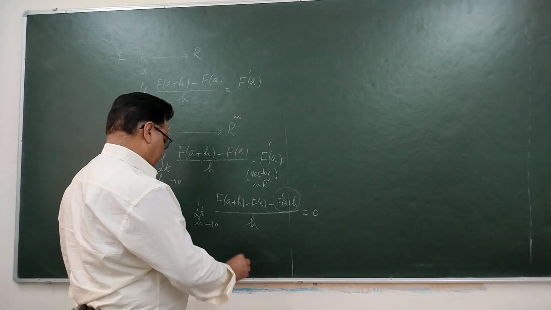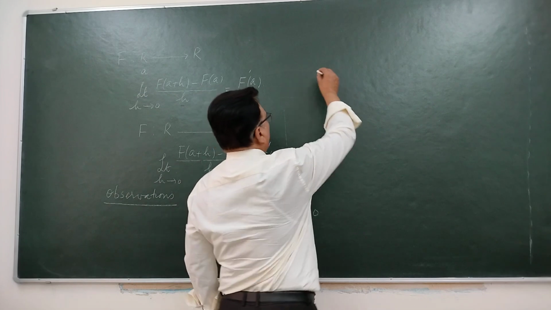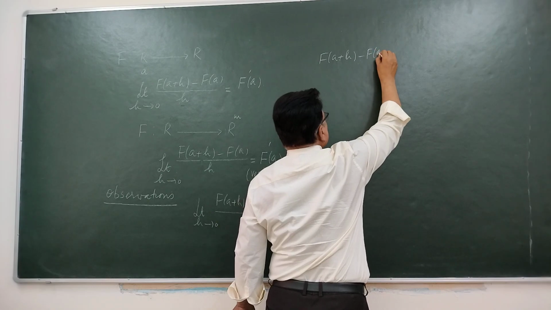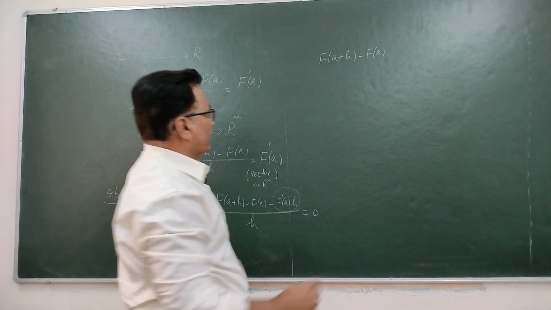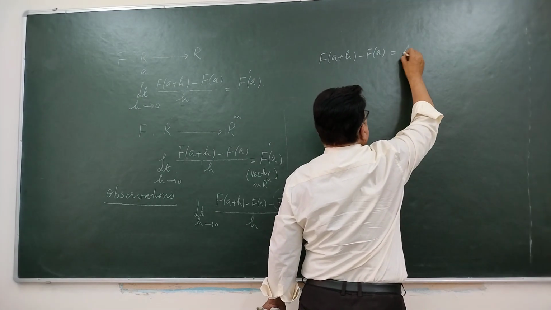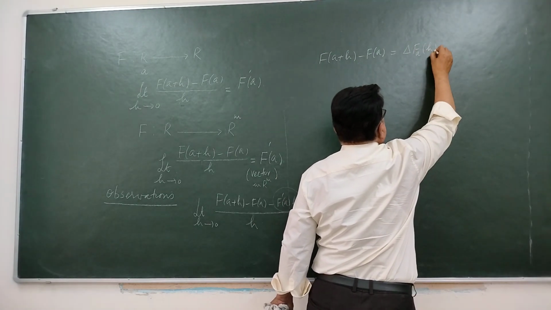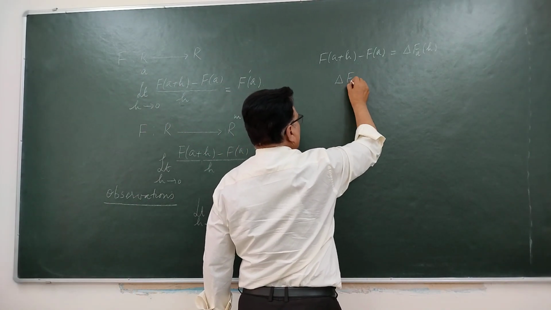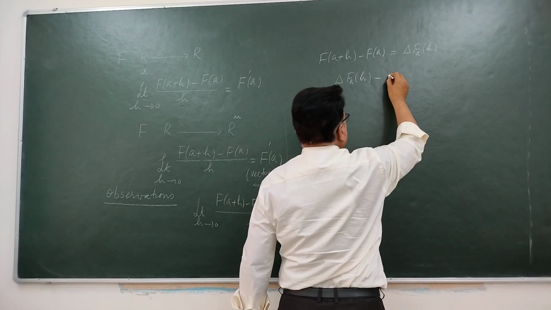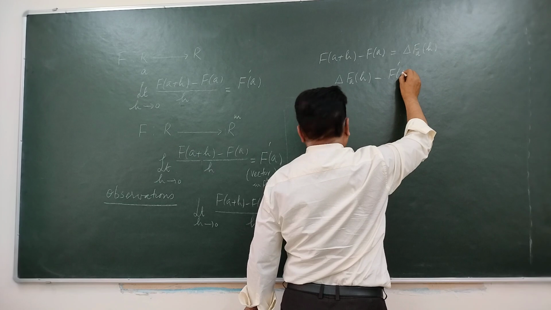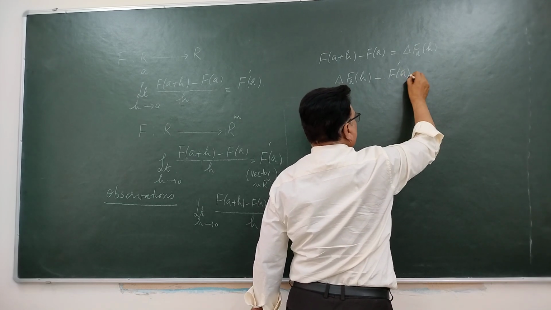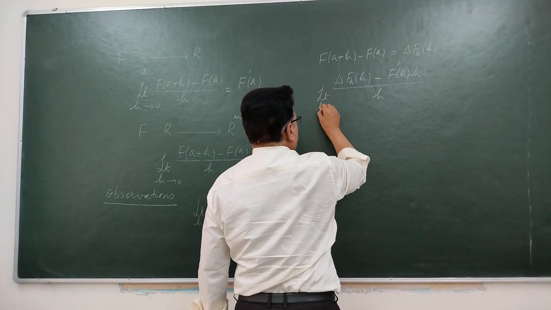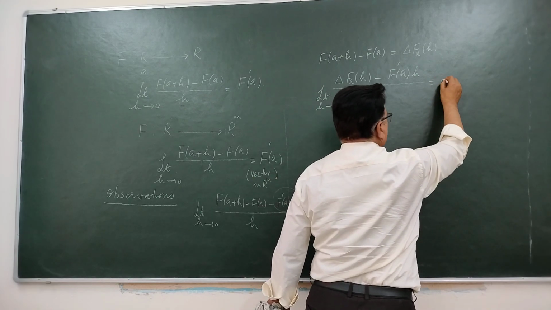So if I denote f(a+h) - f(a), which is in fact a non-linear change in f, by the symbol Δf(a,h), this quantity will be rewritten as the limit as h tends to 0 of (Δf(a,h) - f'(a)h)/h, which is 0.